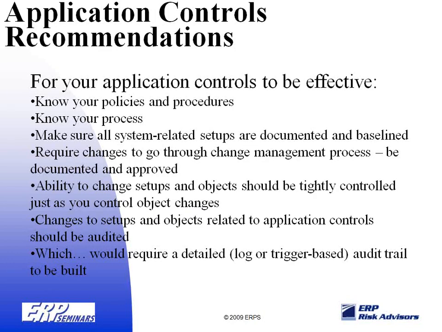Application controls. A lot of companies have automated controls and try to reduce auditing scope, both internal and external, by embedding as many application controls as possible. Again, I've got a full webinar on this, but the overview of what you should be doing is knowing your policies and procedures well, what application controls are being relied upon, knowing your process, and making sure all system-related setups are documented and baselined.